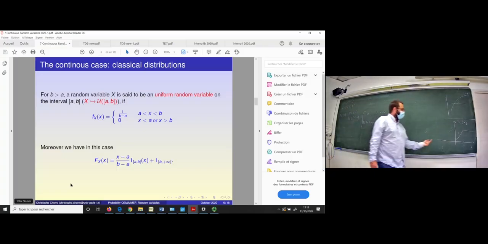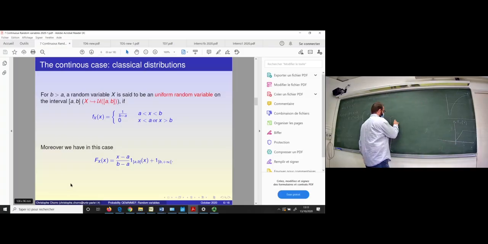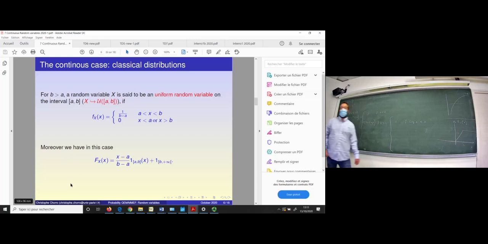So when the logarithm of x is negative, the value is 0.